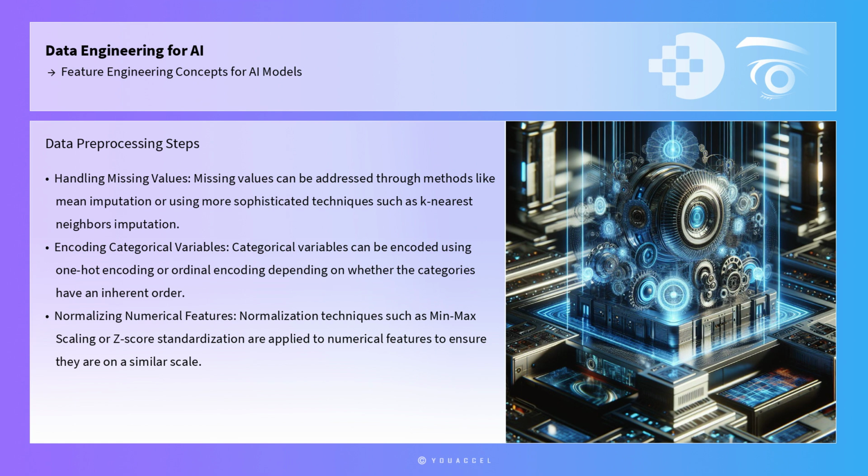Categorical variables can be encoded using one-hot encoding or ordinal encoding, depending on whether the categories have an inherent order. Normalization techniques such as min-max scaling or z-score standardization are applied to numerical features to ensure they are on a similar scale, which is particularly important for algorithms sensitive to feature scaling like k-nearest neighbors and support vector machines.